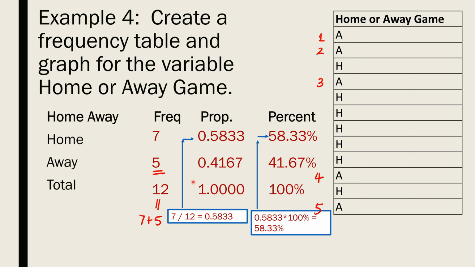Last, the total proportion will be calculated as 12 divided by 12, which is 1. Then we need to convert the proportion to percentage, as shown here. Now we have created a frequency table based on this dataset.